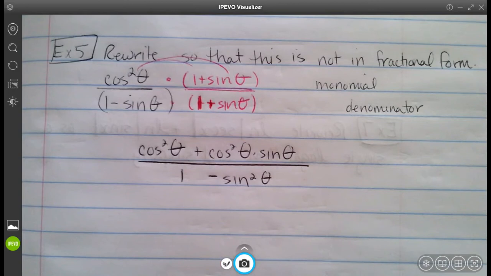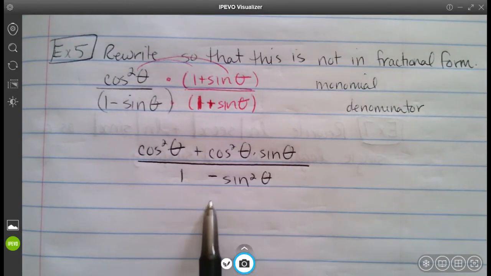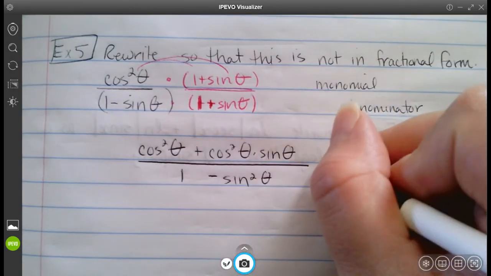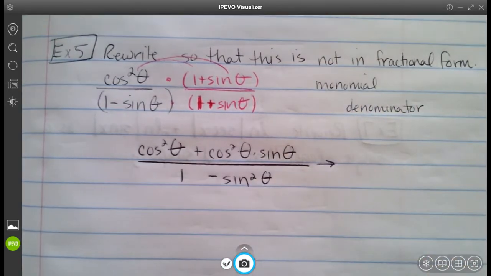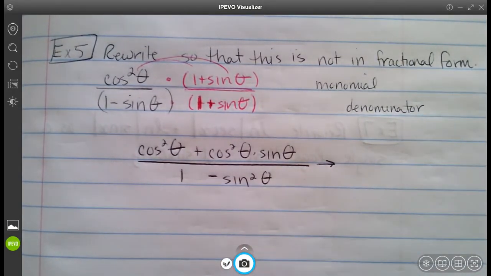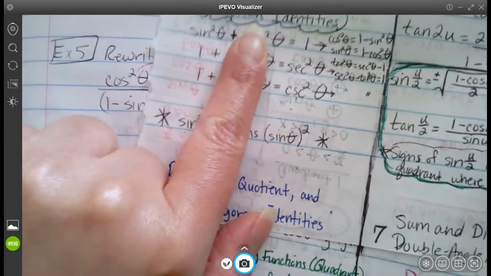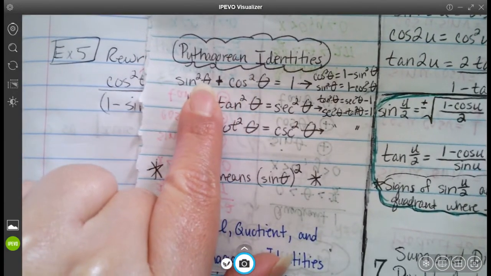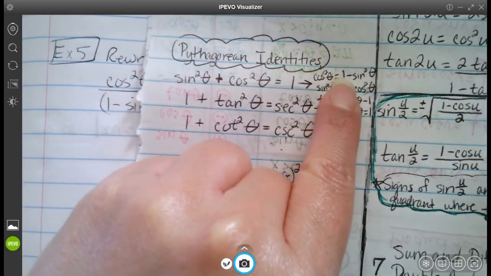Okay, and we're almost done, but we can go further, right? We don't want a fraction, so we gotta keep going. So from here, I know that this bottom one, 1 minus sine squared theta, again, going back to our identities, Pythagorean identities, if I move the sine squared theta over, you get this one.